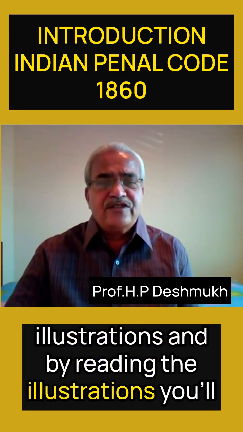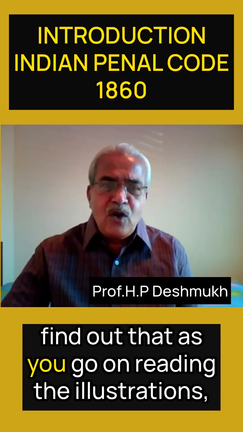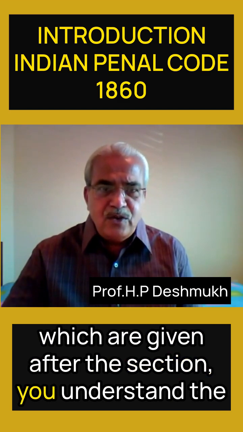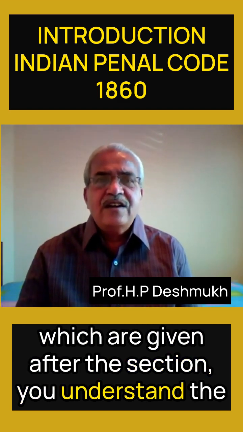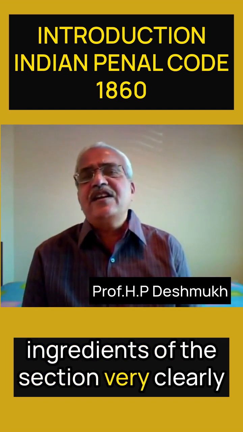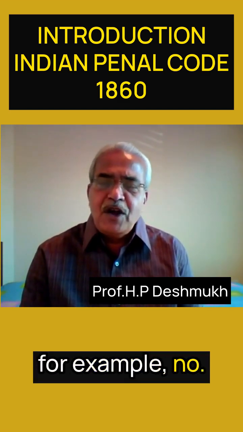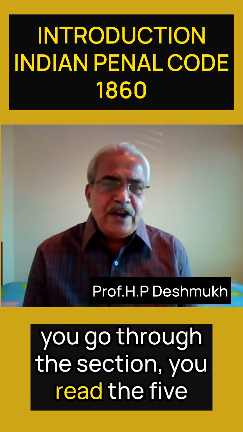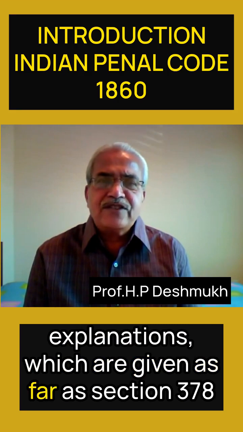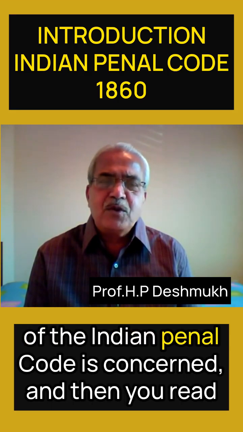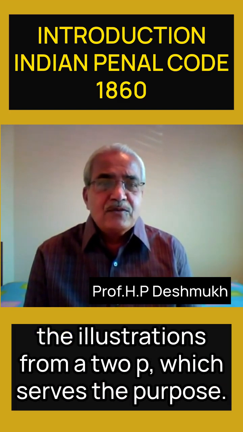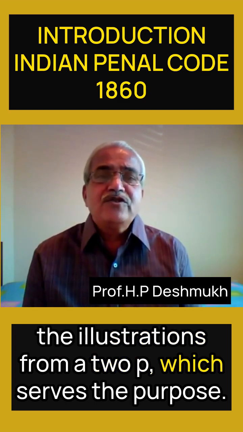By reading the illustrations which are given after the section, you understand the ingredients of the section very clearly. For example, as far as the offense of theft is concerned, you go through the section, you read the 5 explanations which are given as far as section 378 of the Indian Penal Code is concerned, and then you read the illustrations from small a to small p which serve the purpose.